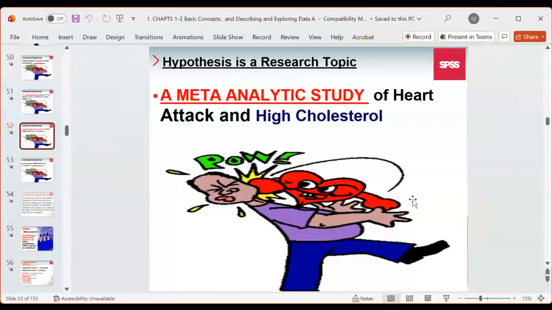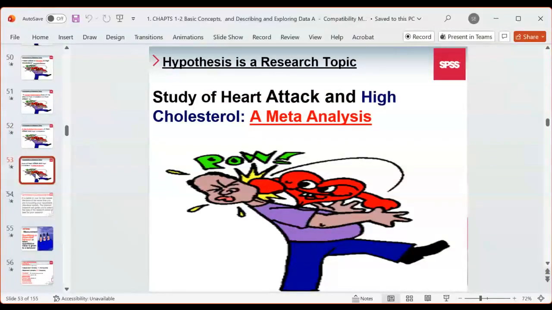Then you can say a meta-analytic study of heart attack and high cholesterol, which combines all the research related to heart attack and high cholesterol and gives you the final answer. Like, is there a correlation there or not? So you see, it's very important. You have to be very cautious with selecting words for your hypothesis.